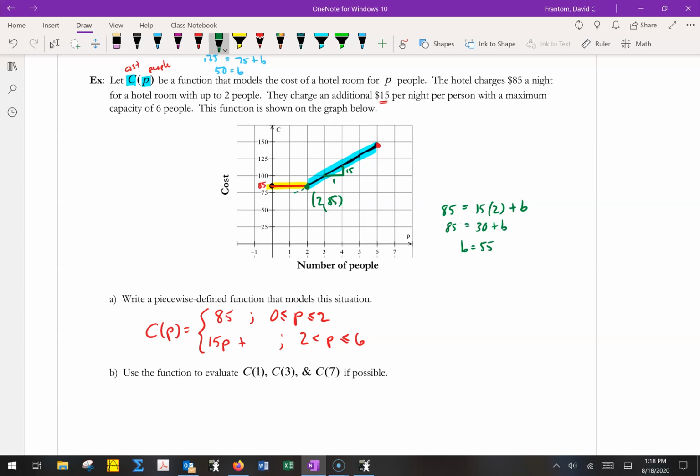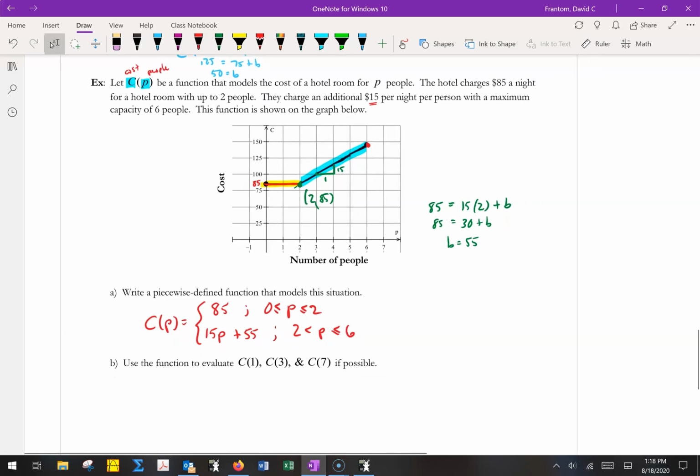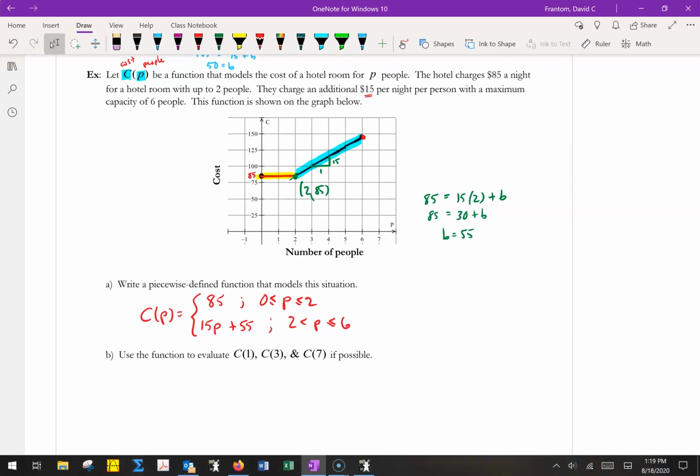So if you were to continue that line back, you can see that 55 looks like a pretty good approximation for that. So now that we have the function as an equation and we have the graph, we can now evaluate this function using either.